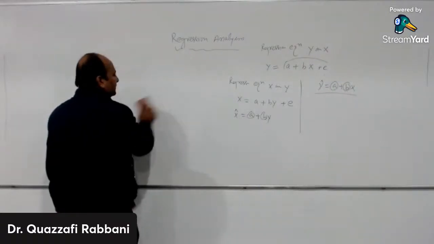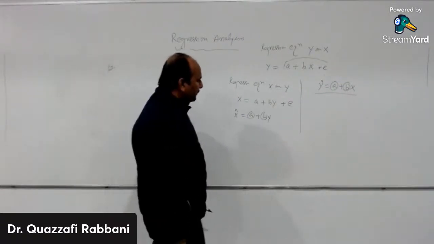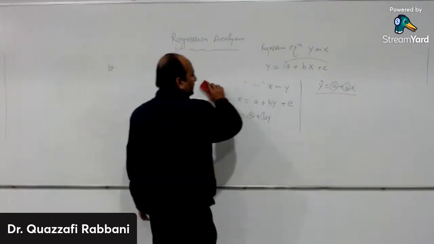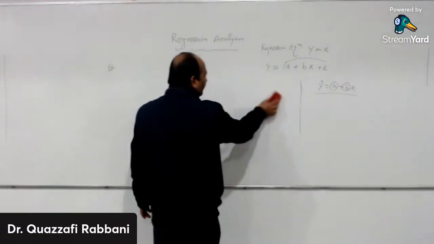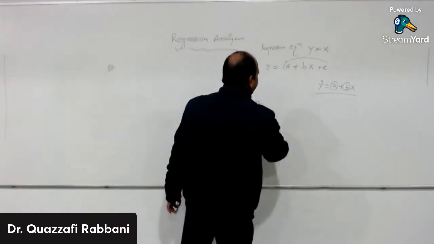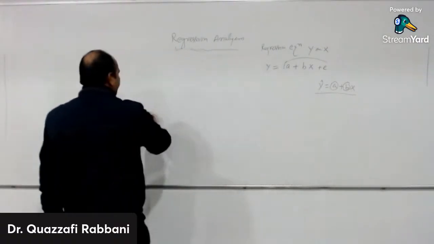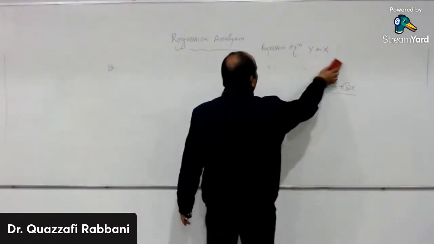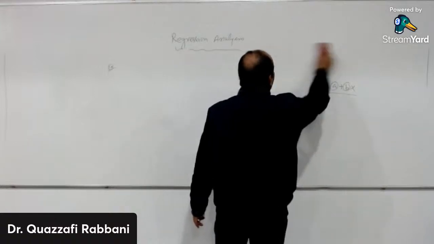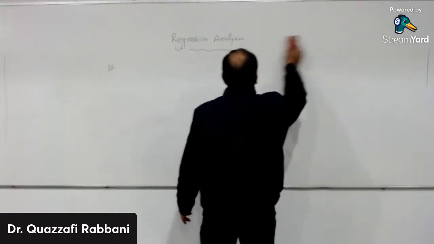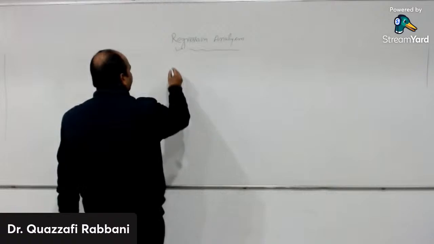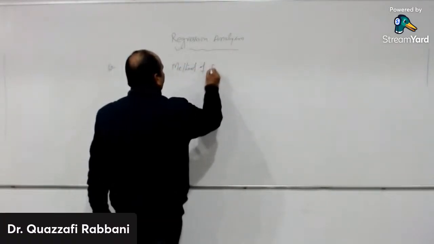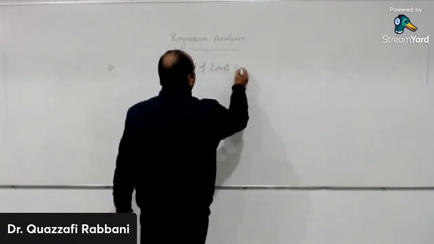So the question is how to find the values of A and B. These values can be obtained by using the method of least squares. Let's see the method of least squares.